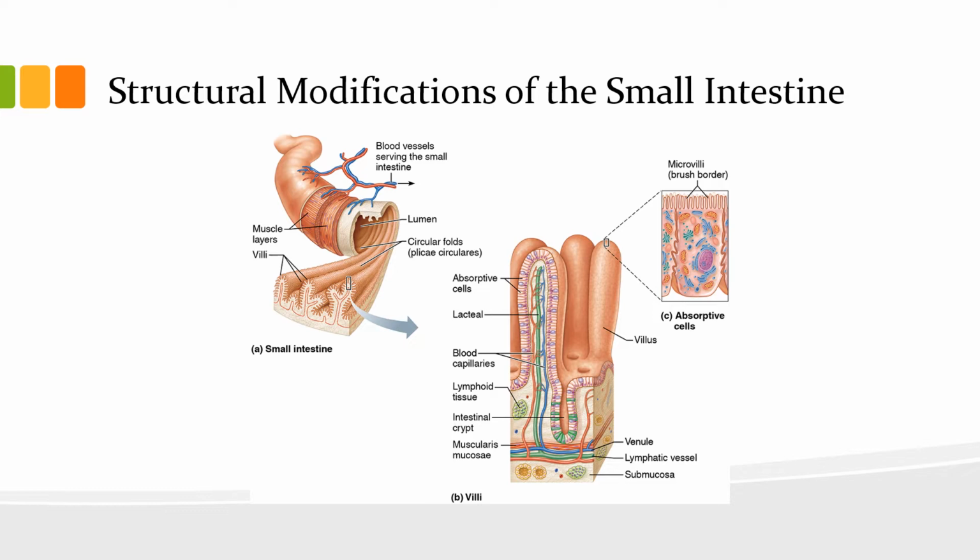And then B, this is an enlarged view of a villus, an extension of a circular fold that also contributes to increased surface area. And then C shows the smaller of the three, the microvilli, an enlargement of that. So even more so, that brush border is increasing surface area for absorption.